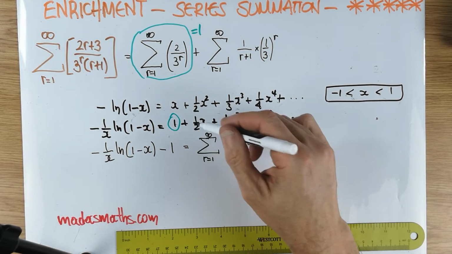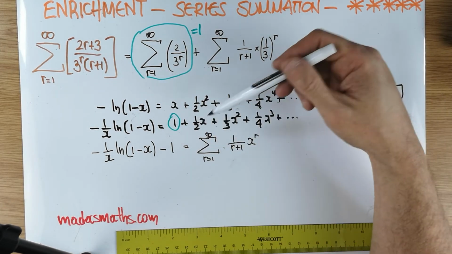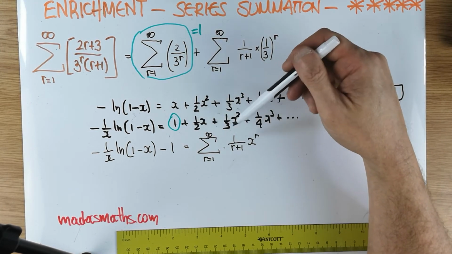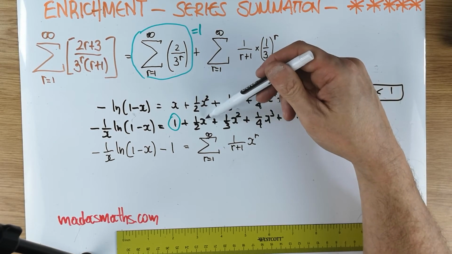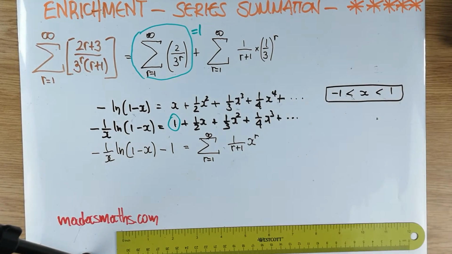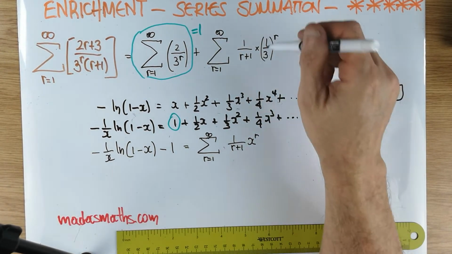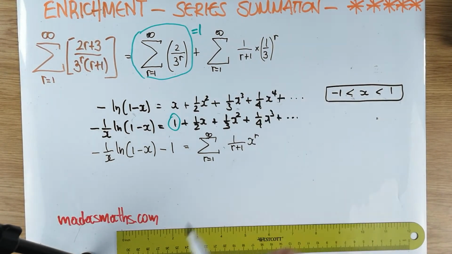And we can check, this is basically all these terms. When I put r is equal to 1, it's going to get 2, r is equal to 2, 3, and so on. And the powers are going to be 1, 2, 3, and so forth. This is what I've got in there, but I have the third to the r.